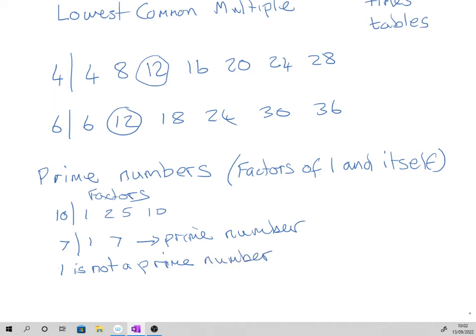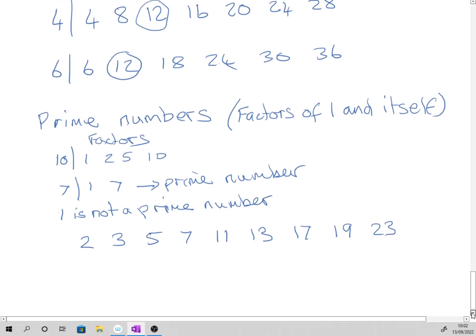But from there on, 2 has a factor of 1 and itself, 3, 5, 7, 9, 10, 11, 13, 17, and I think 19, and 23. Obviously, we don't know how many there are, but they will go on forever. And the bigger they get, the harder they are to work out.